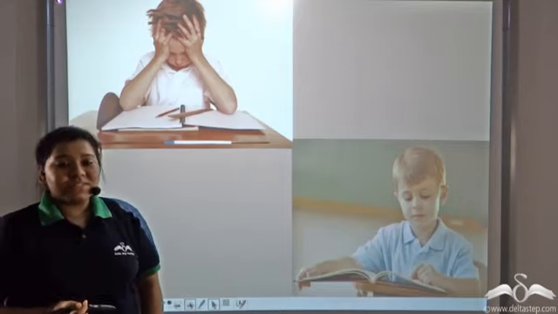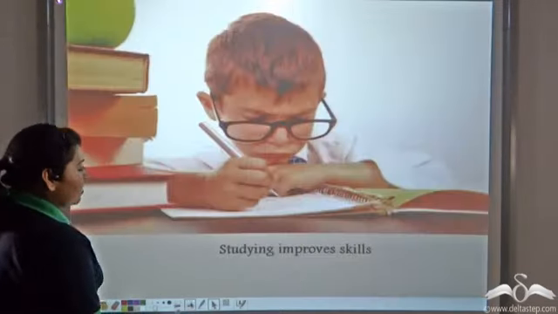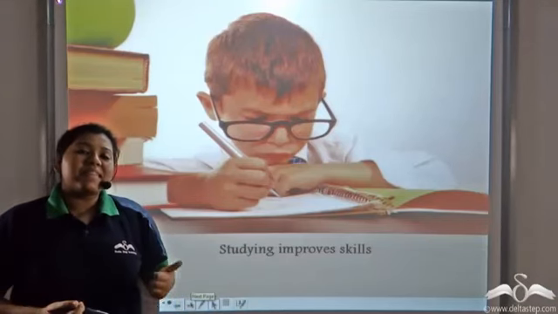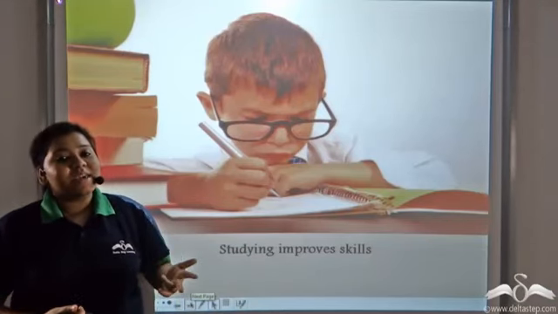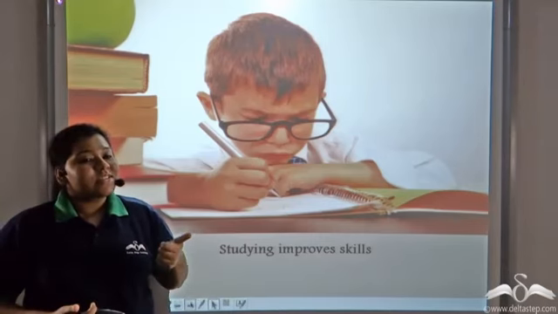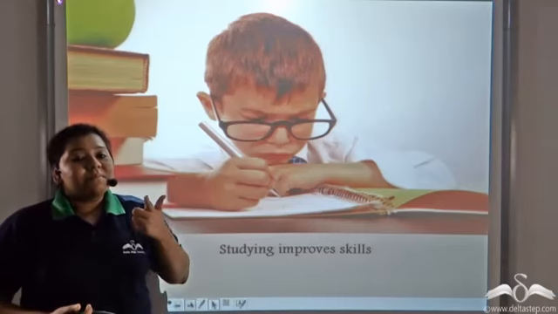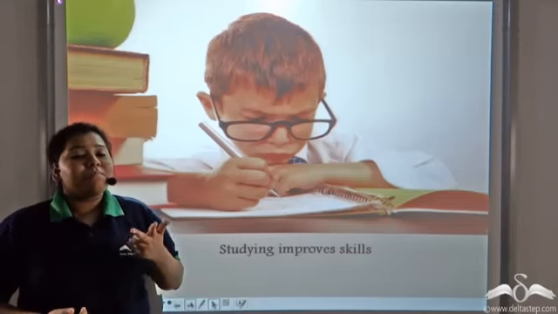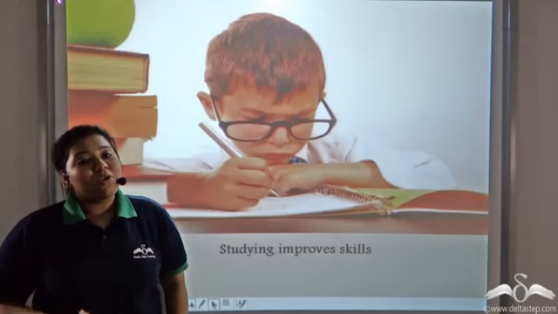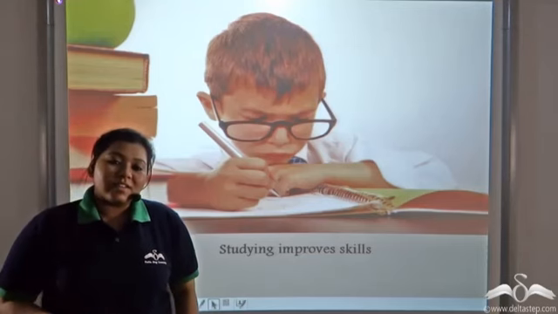Well, that is not the case. There are no different genes for different subjects like mathematics or biology or chemistry. But there are genes present for analytical reasoning, logical thinking, memory, or learning, which can be honed with more practice and more effort.